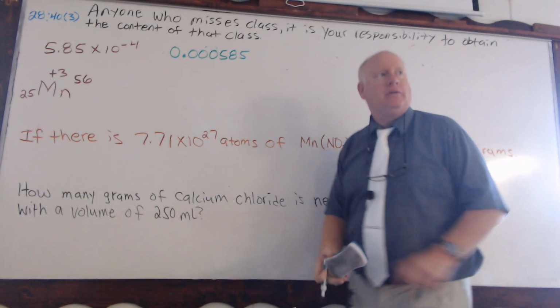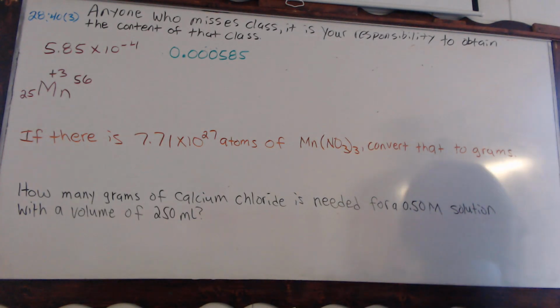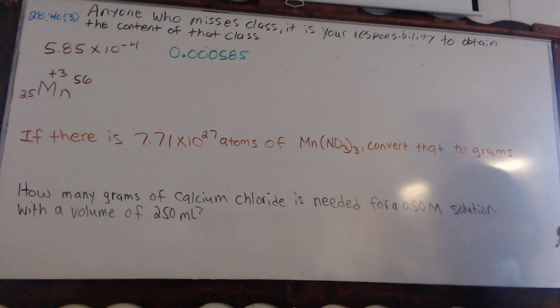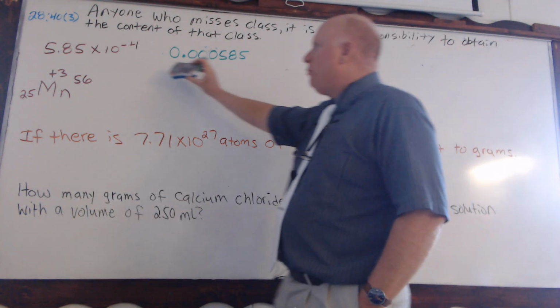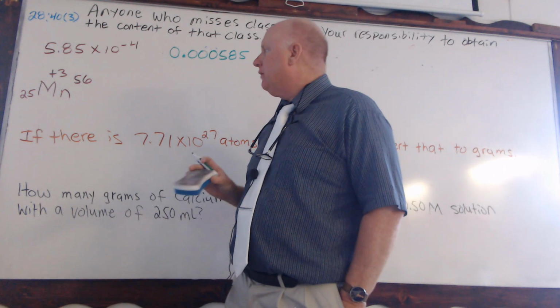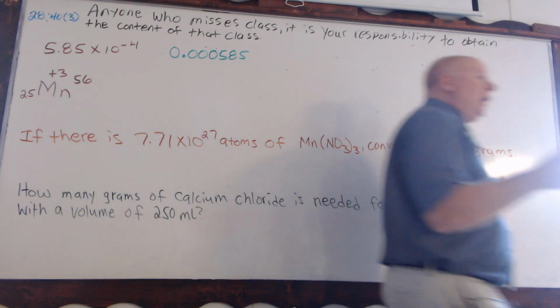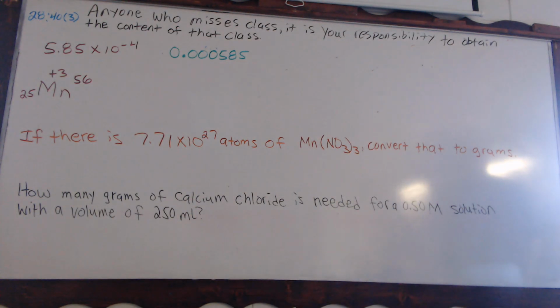You don't have to do that. I just choose to put a 0 in front of that. So 0.000585 is the same as 5.85 times 10 to the negative fourth. And again, the reason that we utilize that, especially when you're dealing with Avogadro's number.